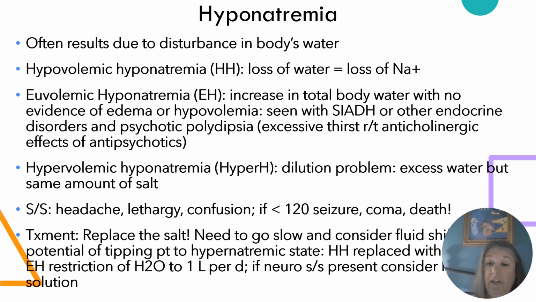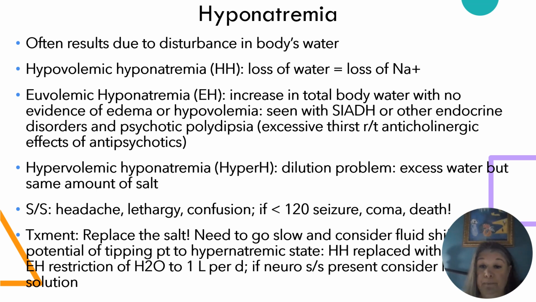So we need to know what diuretic our person is on, what area of the kidney it is affecting, how it is producing that extra fluid loss, because that's going to clue us in to what electrolyte may be affected. Okay, so loop diuretics and thiazides can cause hyponatremia because of sodium and water loss.